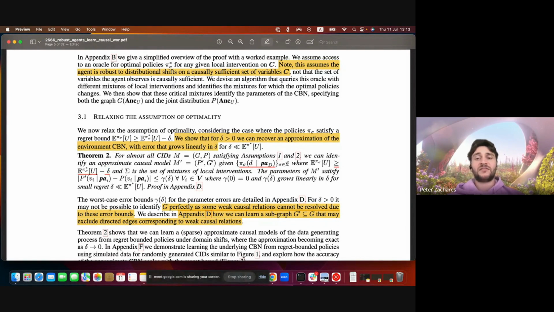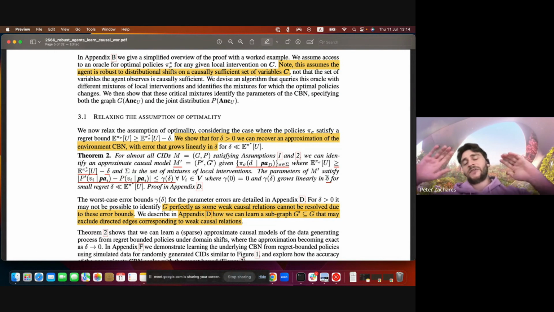So it's saying if you have a set of policies for which you can bound the regret for all of the different policies, which is much more possible, especially if you have a finite total cumulative utility that you could get, then the parameters of M satisfy this equation, where this equation grows linearly with regret.